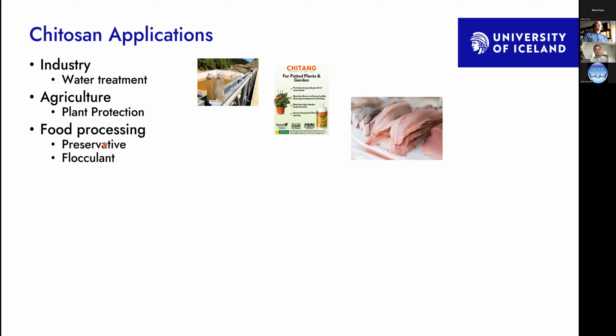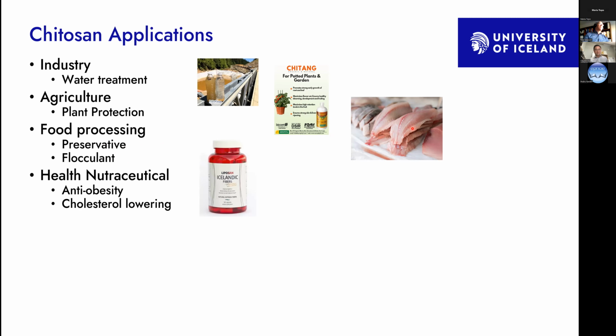In food processing, of course, it can be consumed by humans, is safe, and can be used as a preservative or flocculant in various processing industries, like for fish fillet, where you can increase the shelf life by treating them with chitosan. Then an important use of it is as a health nutraceutical.